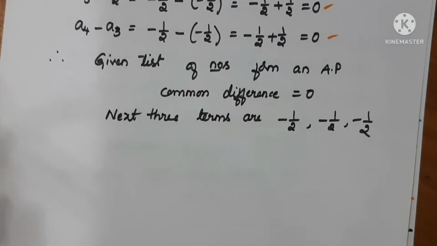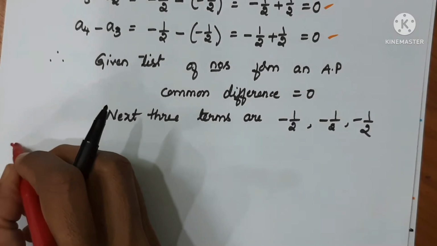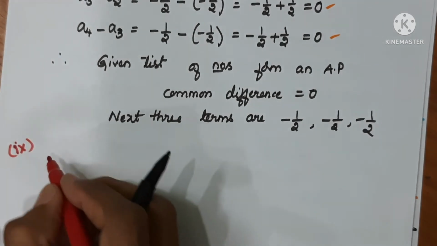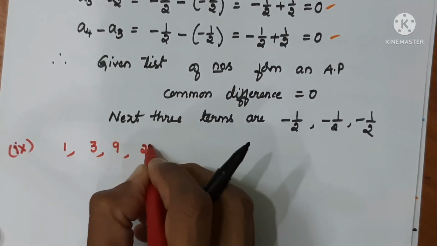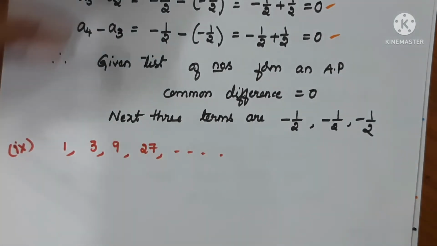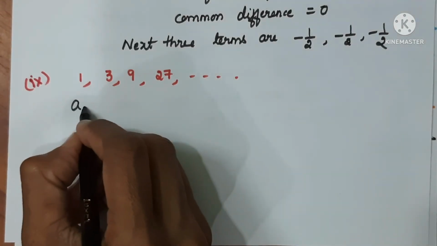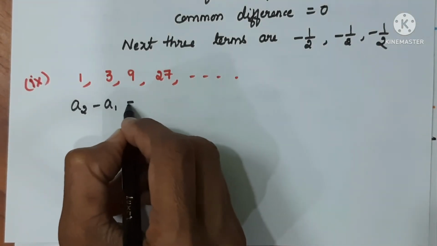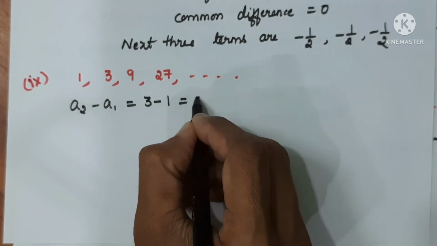Now let us see the next one. The 9th one is 1, 3, 9, 27 and so on. First let us find the differences. A2 minus A1 equal to, A2 is 3 minus A1 is 1, which is equal to 2.